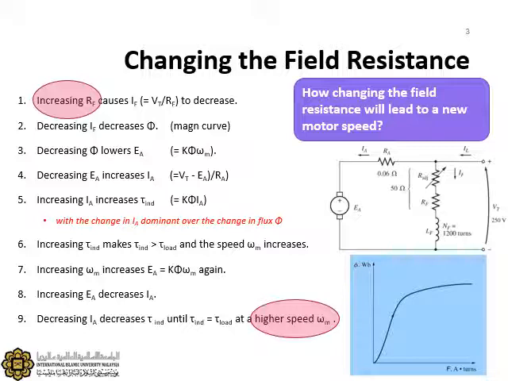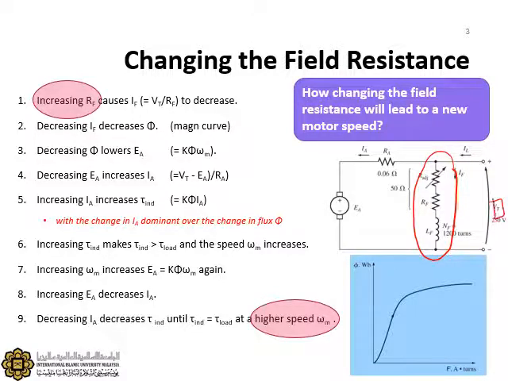If we refer to the schematic diagram on the right hand side, or the equivalent circuit of this shunt DC motor, look at this part here, the field circuit. Across this field circuit we've got VT.